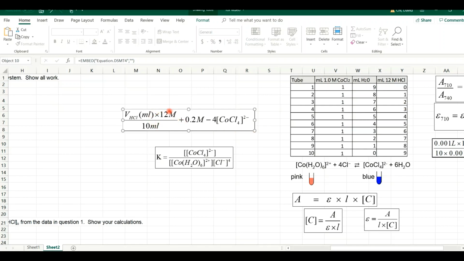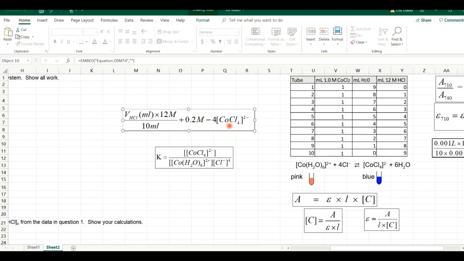The second one is the chloride ion coming from cobalt chloride. The concentration of cobalt chloride is 0.1, and each cobalt chloride contains 2 chlorine, so it's 0.2 molarity.